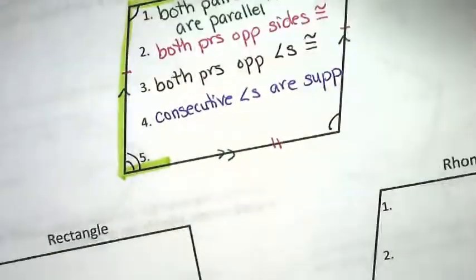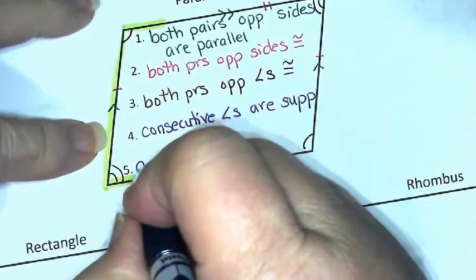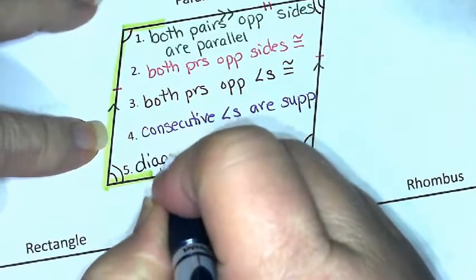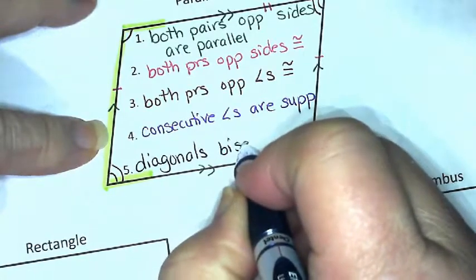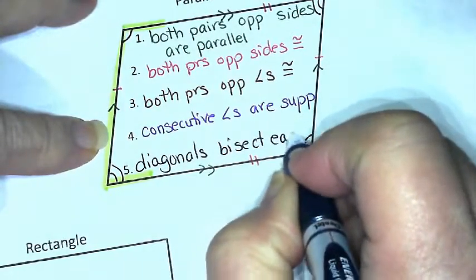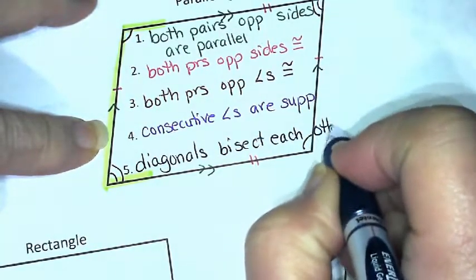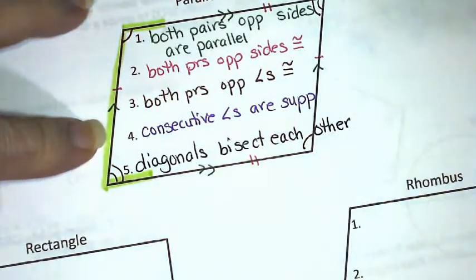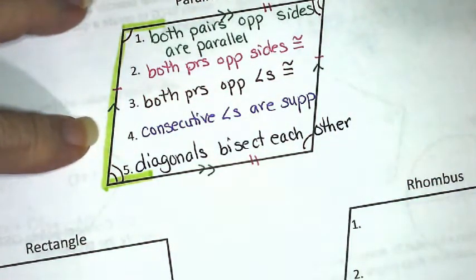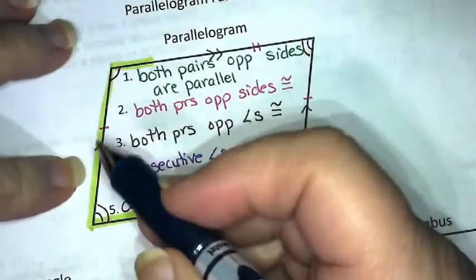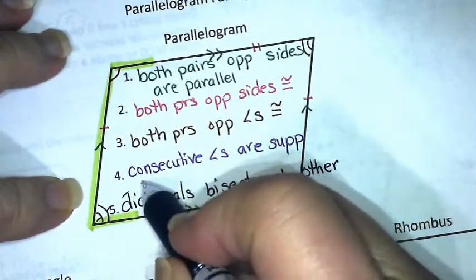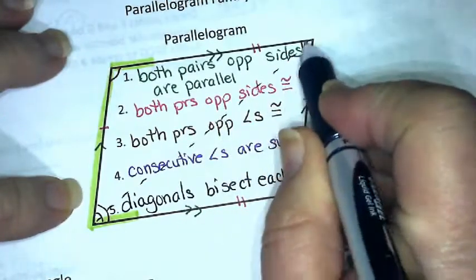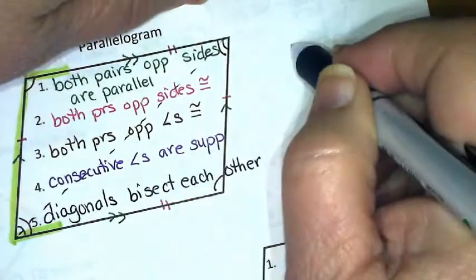And the last one is that the diagonals bisect each other. Now you have to be careful on this one. We aren't saying that the diagonals bisect the angles. We're saying the diagonals bisect each other. So if I connect this corner to this corner, maybe I'll just draw it over here.